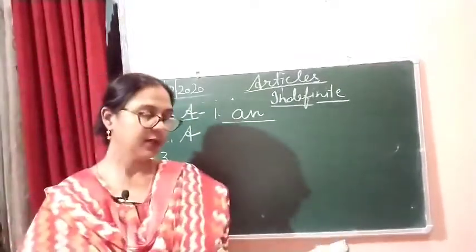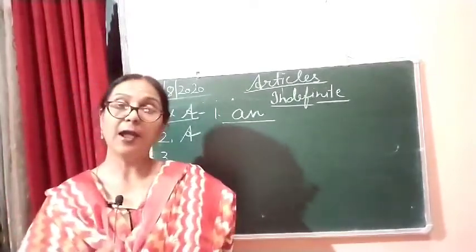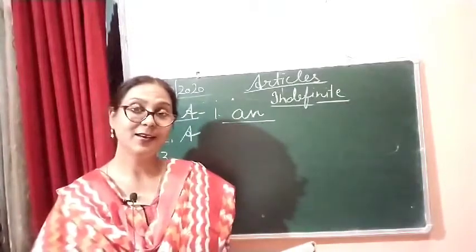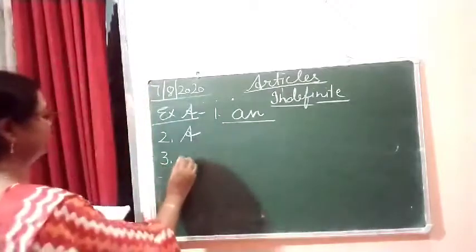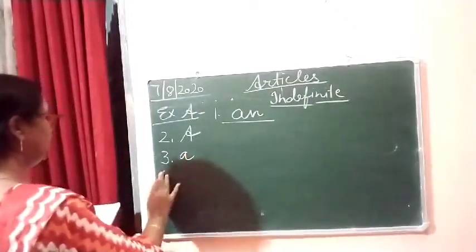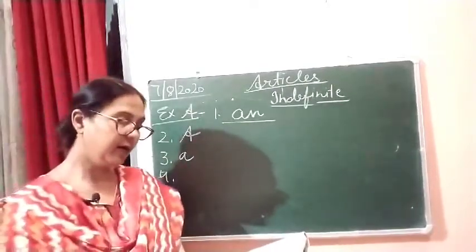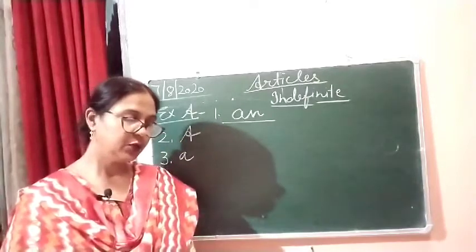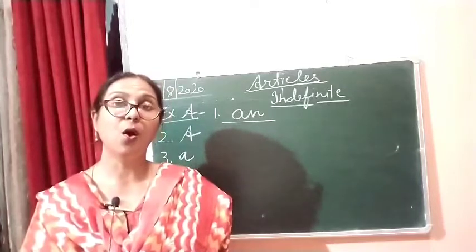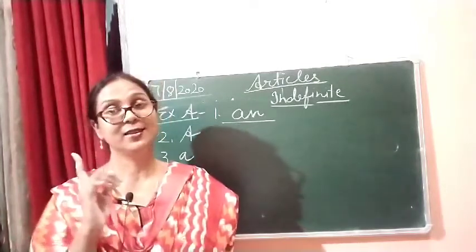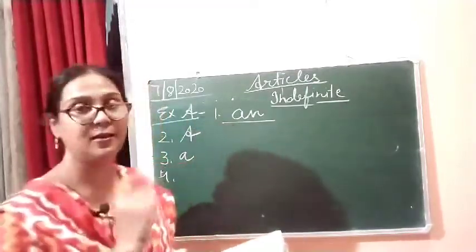In number three, she is in a or an hurry. She is in a hurry. Yes, we write "a". In number four, he was waiting for a or an opportunity to start his own business. Opportunity has an aw sound, so this is a vowel sound and we choose "an".